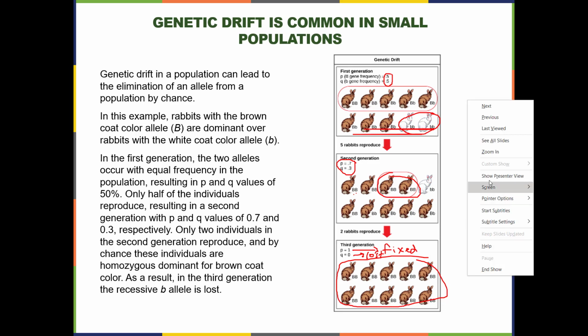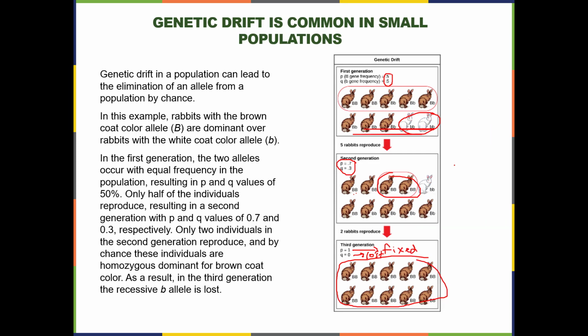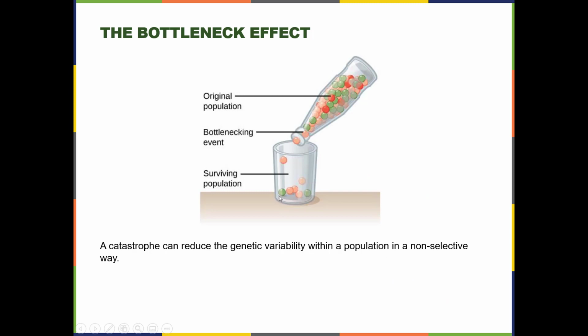All right. So let me get back to my pointer. Here. One concept that's related to genetic drift, a subtopic of genetic drift, is called the bottleneck effect.